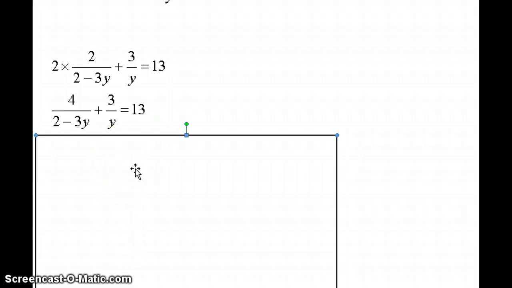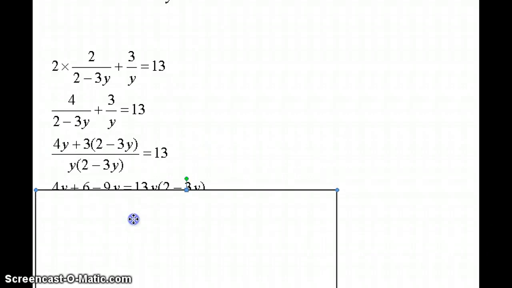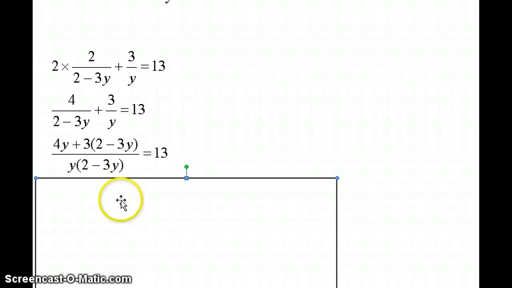Like how we work with algebraic fractions in the previous chapter, we put them in the same denominator. Then in the next step, I will multiply both sides by the denominator, so that I form a linear equation to allow me to solve it.